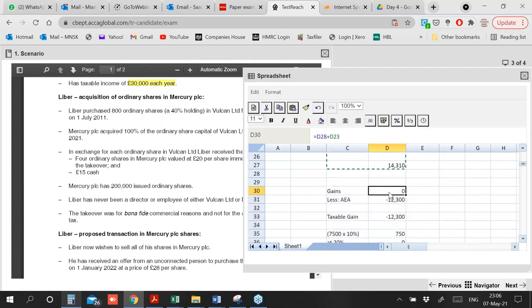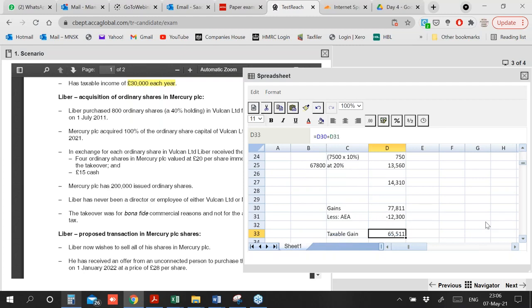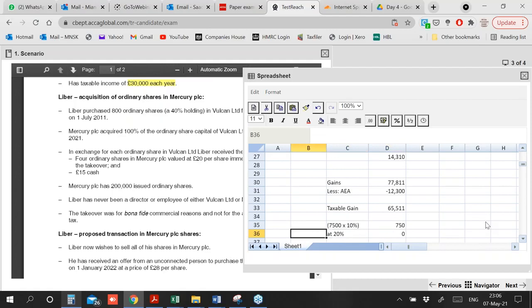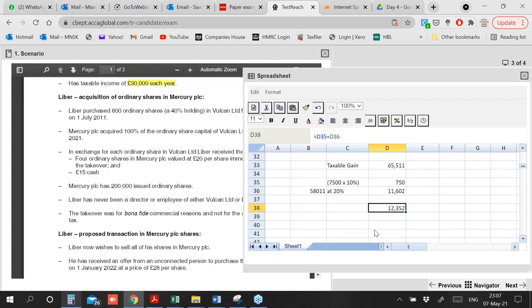So the gain next year will be the same. On shares, the gain is 7,811. Less the annual exemption, the taxable gain will be this. Out of that, 7,500 will be taxed at 10%, and the remaining gain will be taxed at 20%. That is this amount minus 7,500. So this will be the tax next year. It will be 12,352.